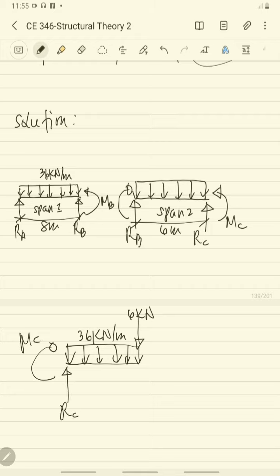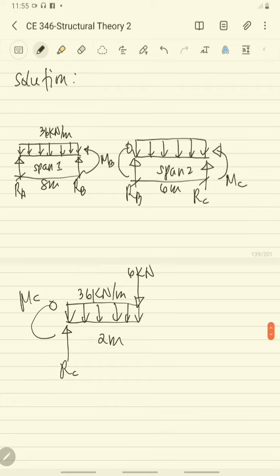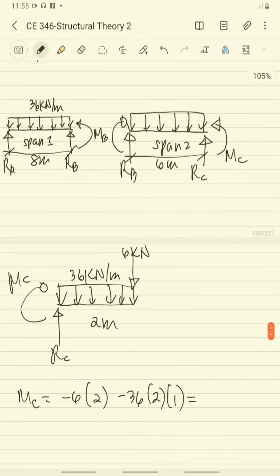Okay, this is the direction of moment at C. You have here the reaction at C, and the span is 2 meters. So for the moment at C, that is equal to negative 6 times 2 minus 36 times 2 times 1, which is equal to negative 84 kilonewton meter.